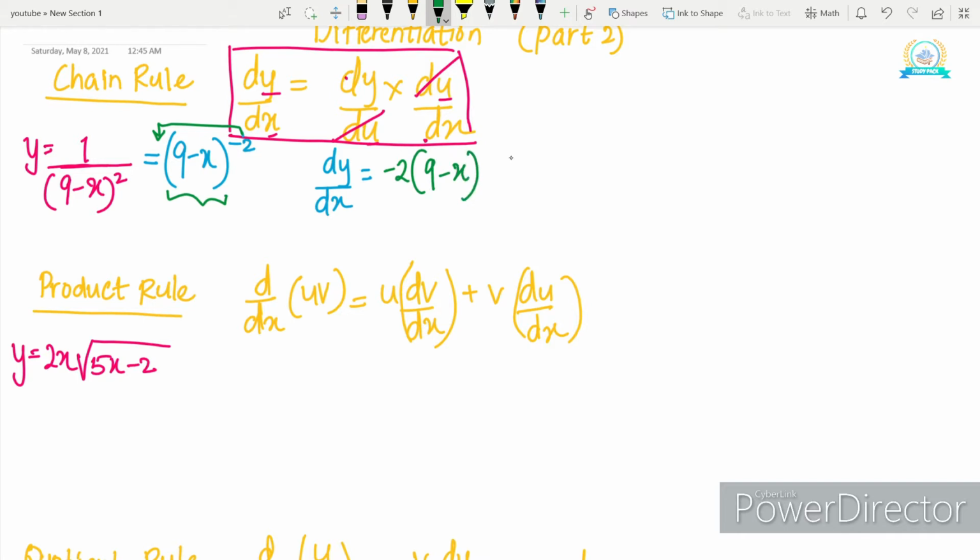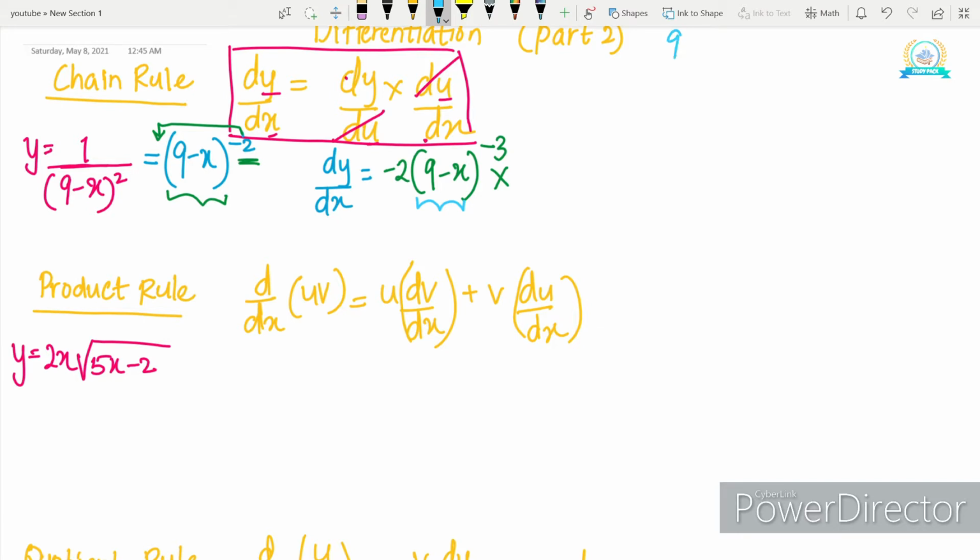And as I explained in the first video, reduce the power by 1, so minus 2 minus 1 will be minus 3. Then you put the multiplication sign, and you differentiate inside the function. Inside the brackets there is a function, so you are going to differentiate that: 9 minus x.